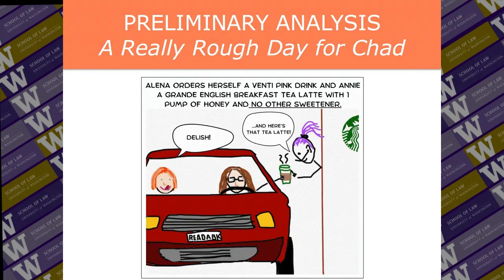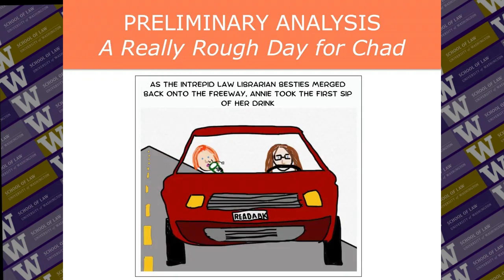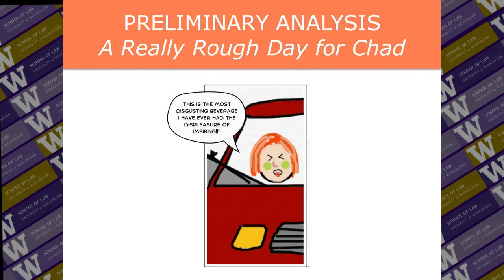They gathered their drinks, and while re-merging back onto the freeway, Annie took 1 sip of her grande English breakfast tea latte with 1 pump of honey blend and no other sweetener and exclaimed, "This is the most disgusting beverage I have ever had the pleasure of imbibing," and threw it out the window.